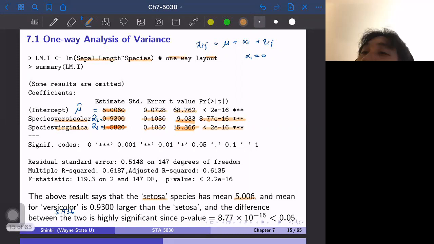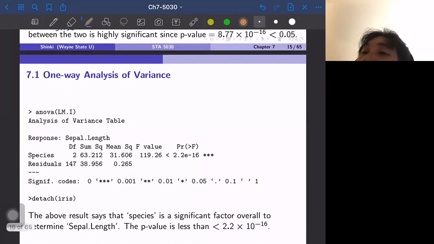And now we want to test if alpha_1 is equal to alpha_2 is equal to alpha_3. Maybe I have to clarify the 2 different models. So maybe we put a tilde: x_ij is equal to alpha_i tilde plus epsilon_ij.